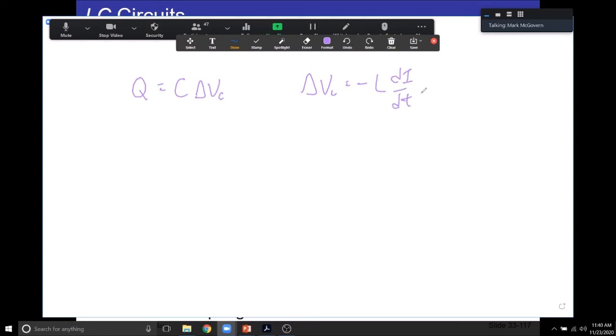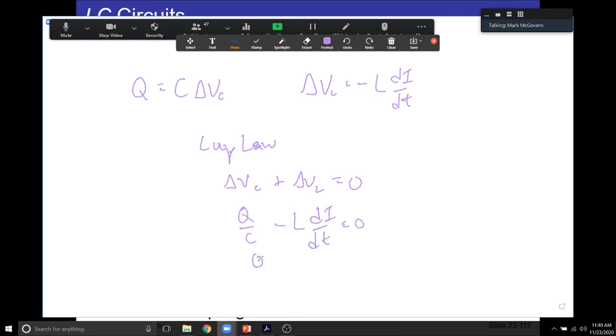Okay. So loop law. The capacitor voltage plus the inductor voltage equals 0. So that's going to be Q over C for the capacitor, and here we have minus L. Now it's di/dt, right?